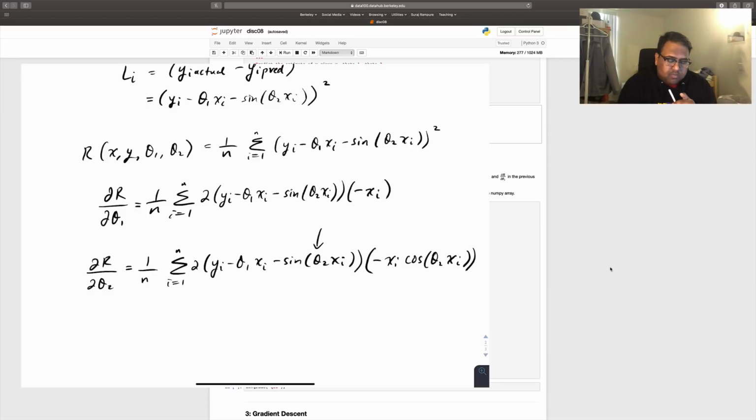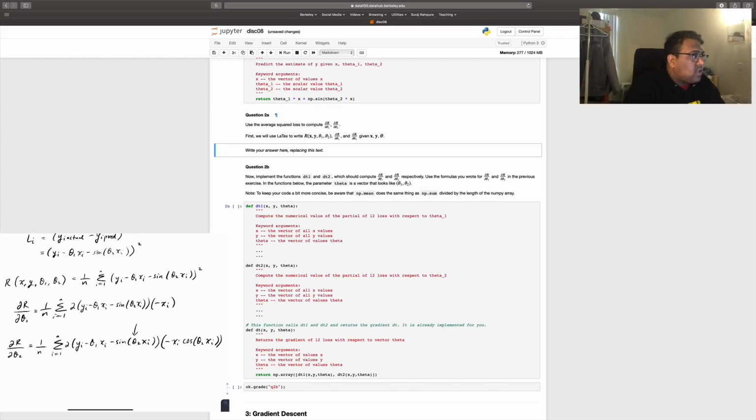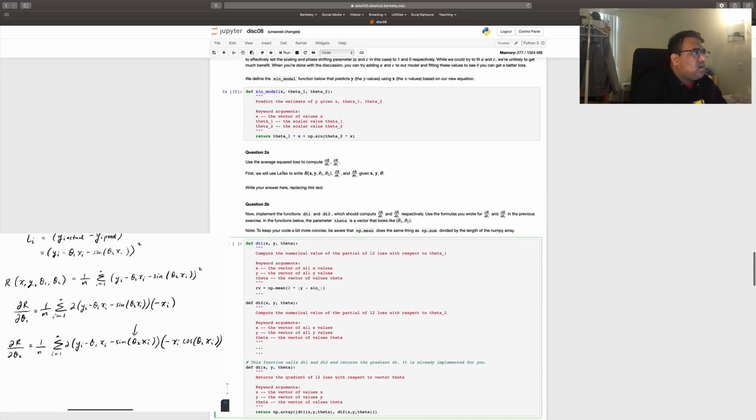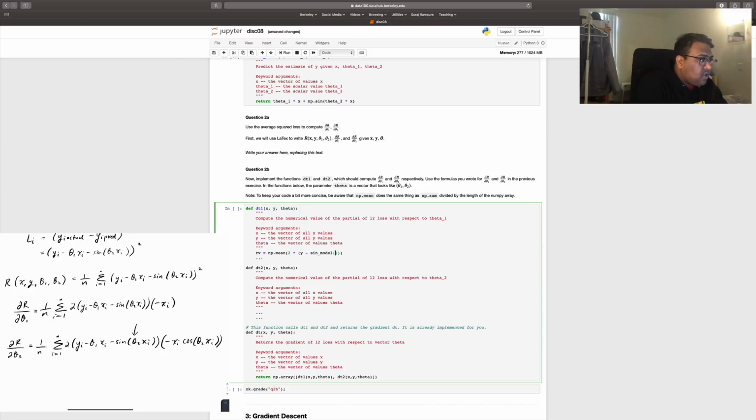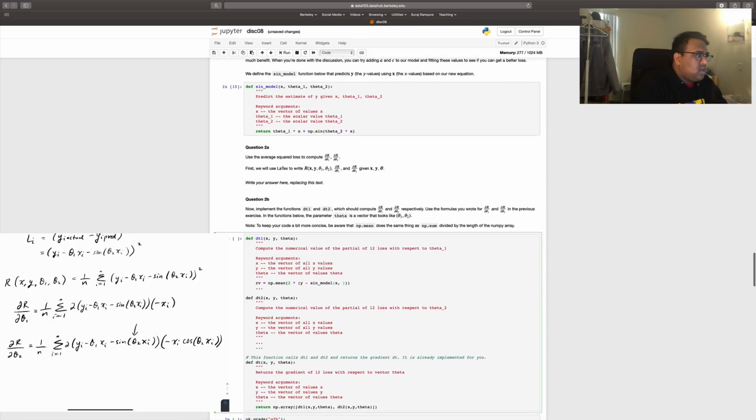So now let's hop over to 2b and implement this in code. Okay, so cool, that's good. And we're told that np.mean does the same thing as np.sum divided by the length of an array. So we can say our value will be np.mean of, and now we're looking at the first one, so 2 times y minus sine model, I believe is what we called it, of x, theta 1 and theta 2.